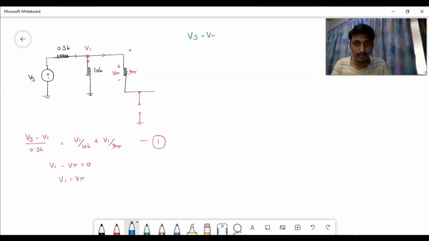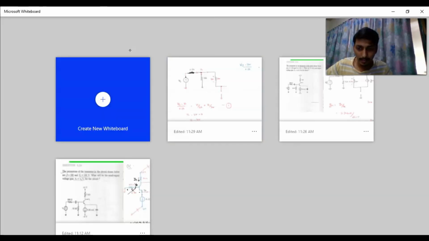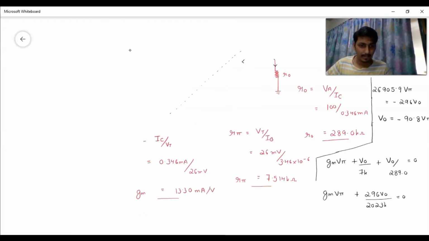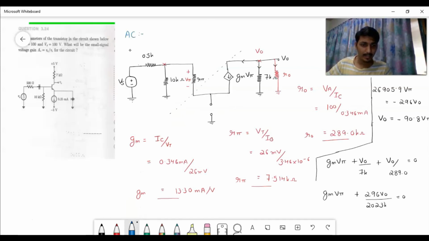So switching to V1 equals V pi, we get Vs minus V pi upon 0.5k equals V pi by 10k plus V pi by r pi. I will check the r pi value. What's the r pi value? Okay, r pi is nothing but 7.514 kilo ohm.